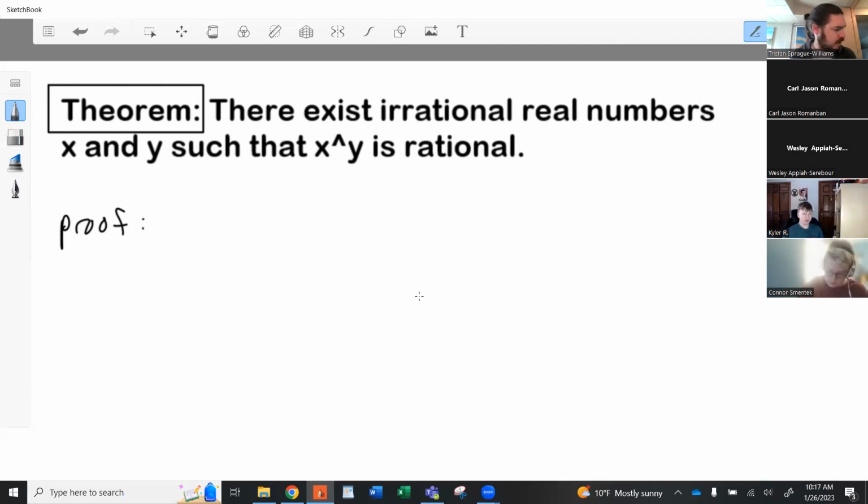This proof is going to use cases. One of the proof strategies introduced in section 1.8 is to break things down into cases.